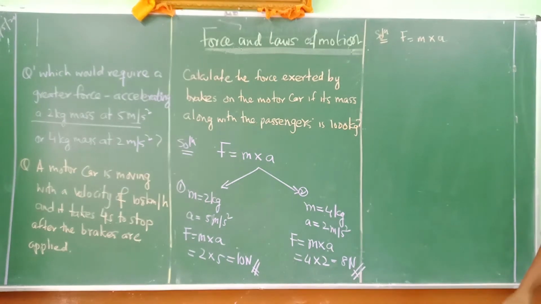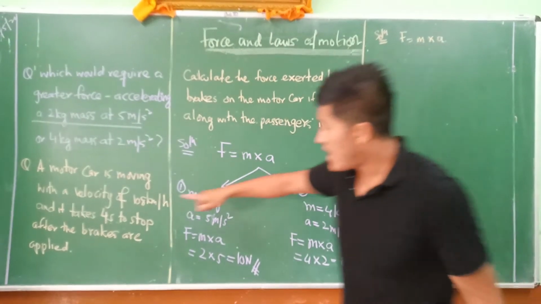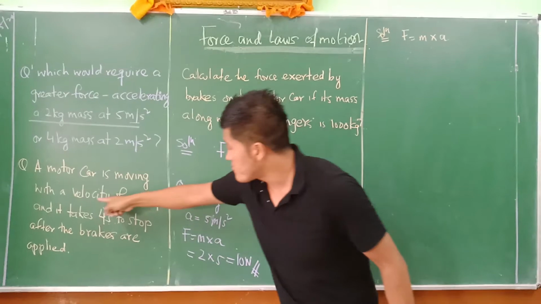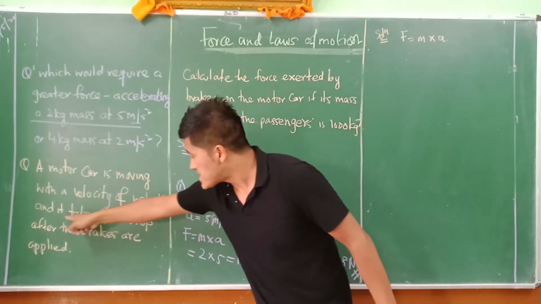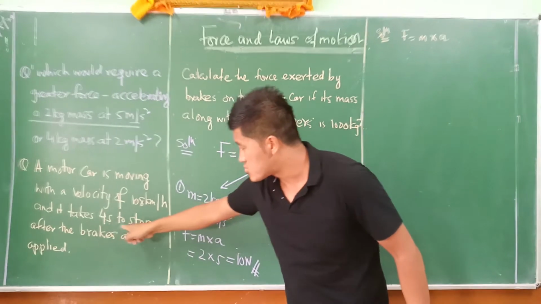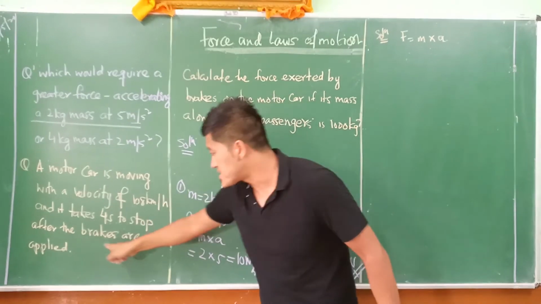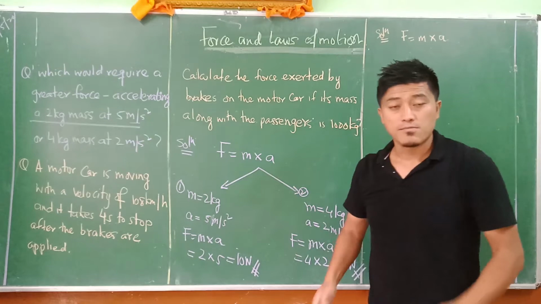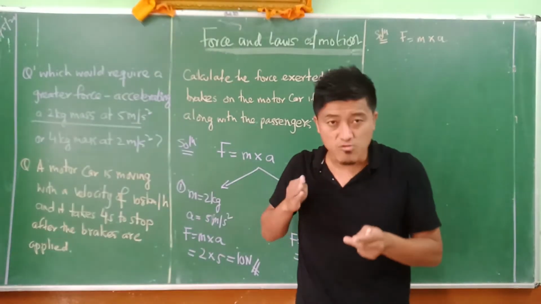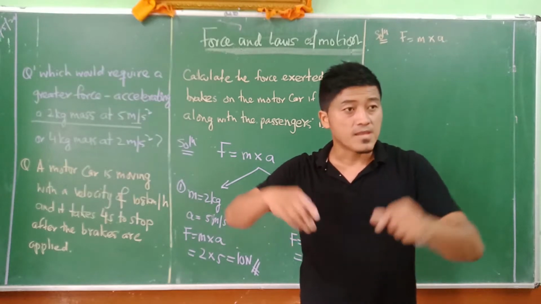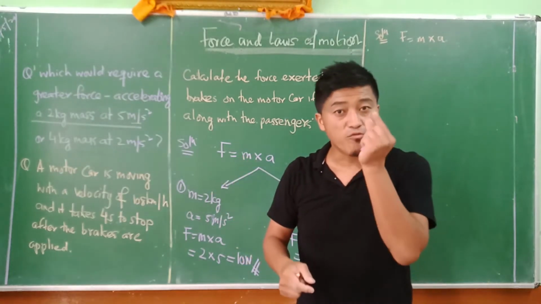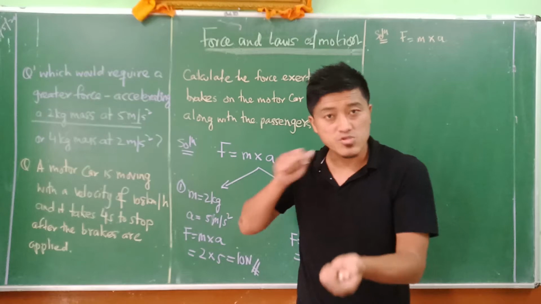The motor car is moving with a velocity of 108 km per hour and takes 4 seconds to stop after the brakes are applied. Suddenly they applied the brake and it took 4 seconds for the motor car to stop.